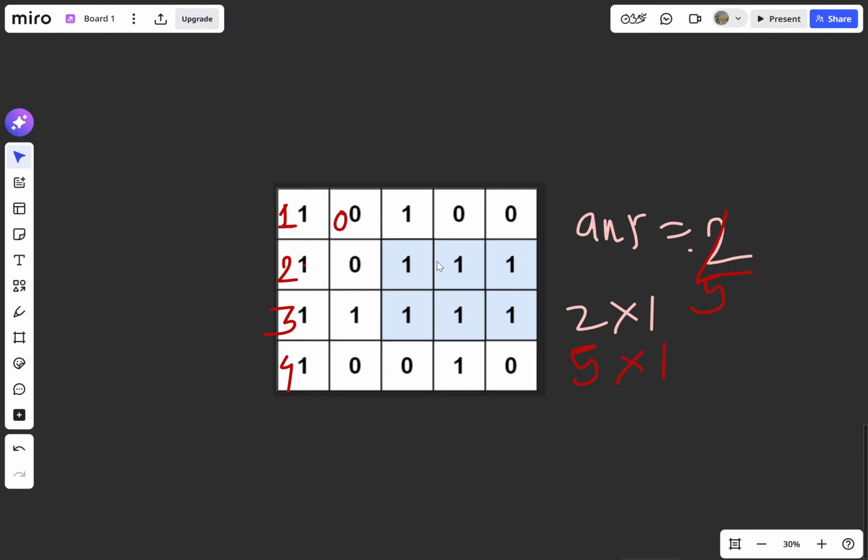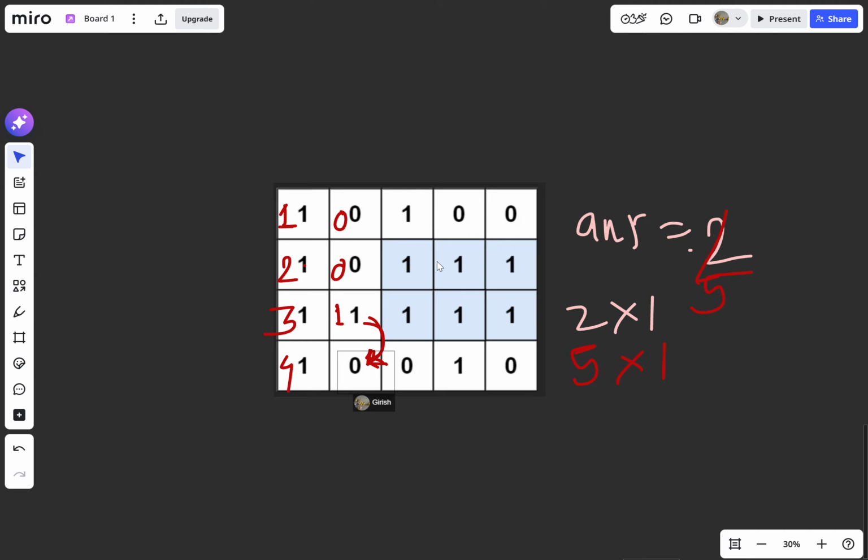So for the prefix of all of them, here we will get 0, here we will get 0, then we will get 1 here, then we will get 0. Now here it is 1, but we should add to it if and only if there is a 1, and then it will change to 2.